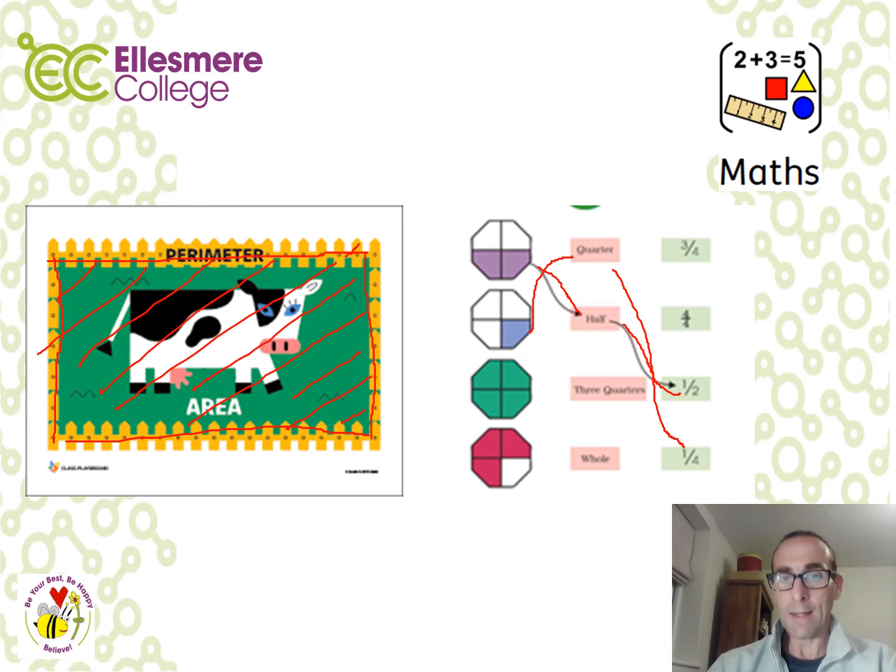This here is the whole, so this gives us the whole. And finally, this is 3 of the 4, so this is 3 quarters. So this gives us 3 quarters. So we'll be able to practice recognizing and also then using fractions.